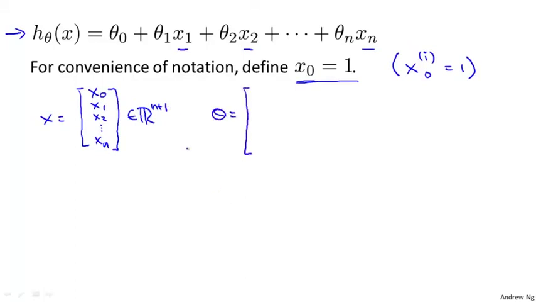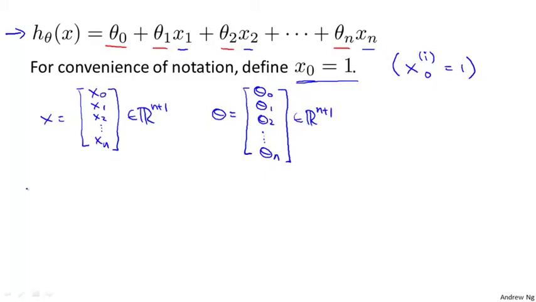So my parameters here, theta 0, theta 1, theta 2, and so on up to theta n, I'm going to gather them up into a parameter vector written theta 0, theta 1, theta 2, and so on, down to theta n. This is another 0 indexed vector, so indexed starting from 0, that is another n plus 1 dimensional vector.